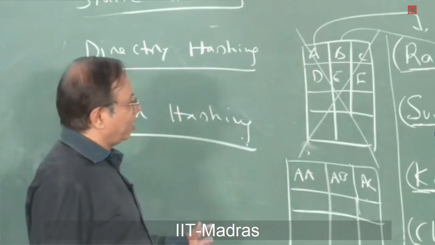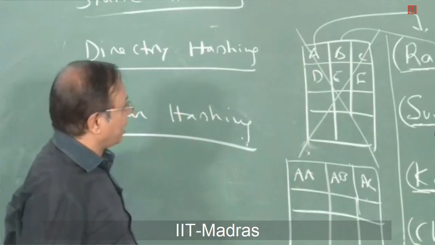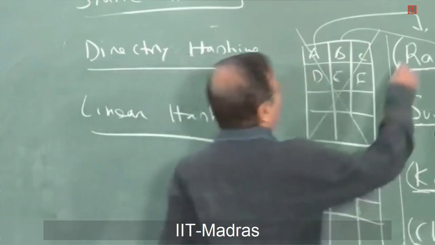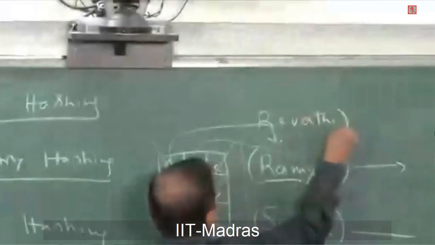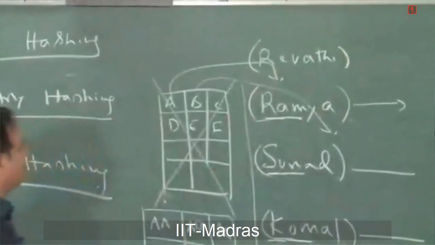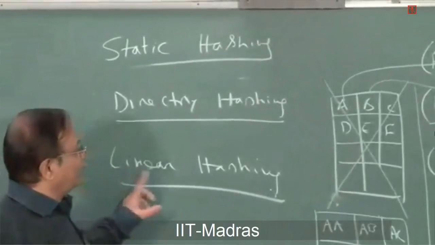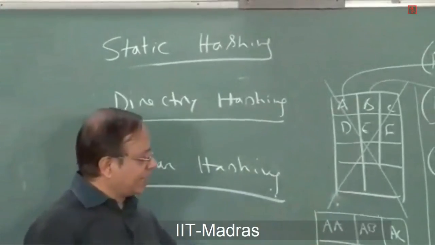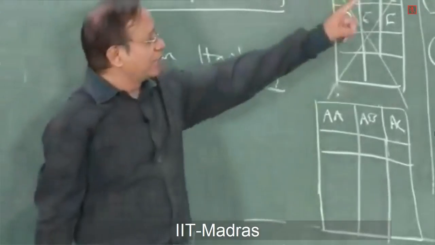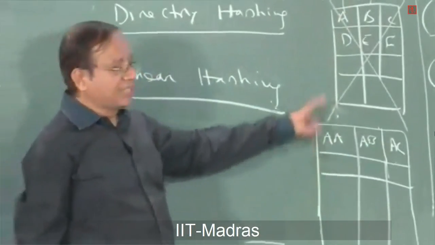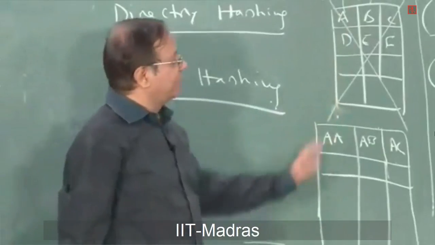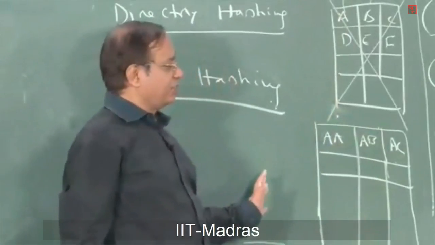To give you some idea of this, for example, when you are trying to insert Revati here, what the directory function would have done is, it would have created this entire space. The minute you clash and this needs to be split, this hash function needs to be changed, it creates the full directory structure.